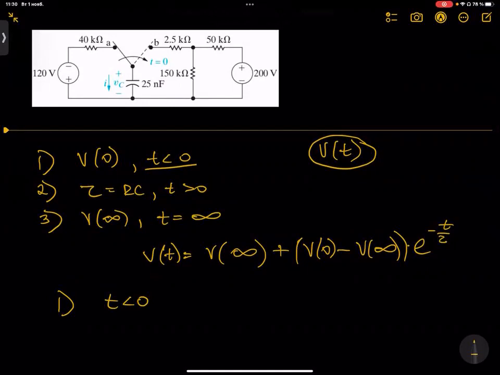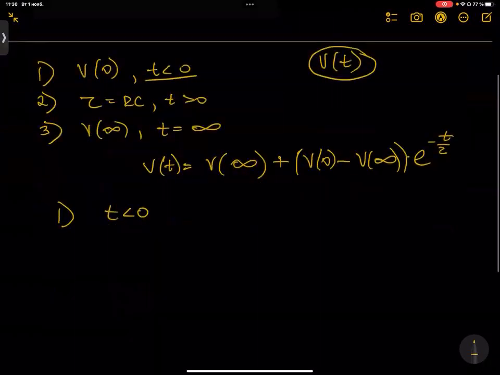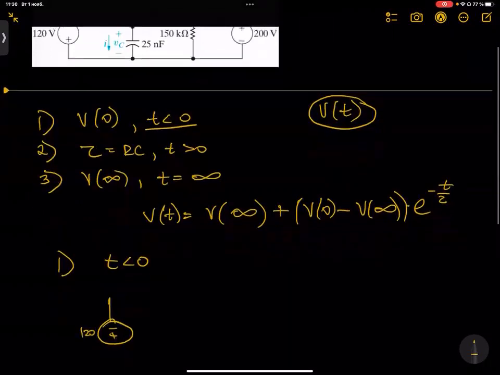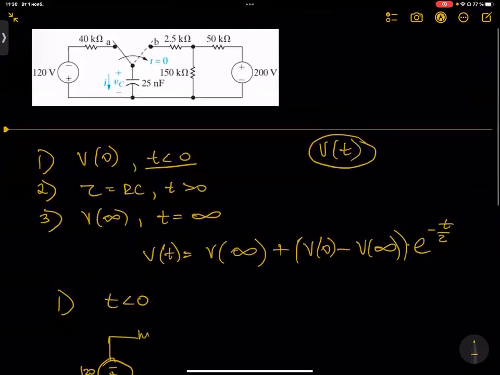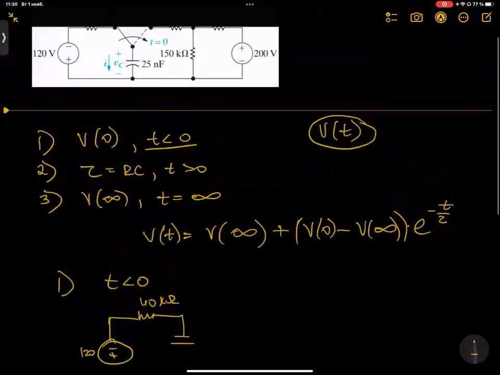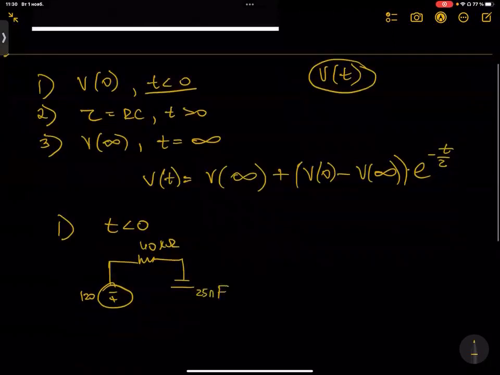We have to consider only the part when the switch is at position A. We omit everything in the right part of the capacitor, because after t equals 0 the switch moves to B. Until then, we consider only the elements in the diagram when the switch is in position A. So let me draw only this part: minus 120, then a 40k ohm resistor, and a capacitor of 25 farad.